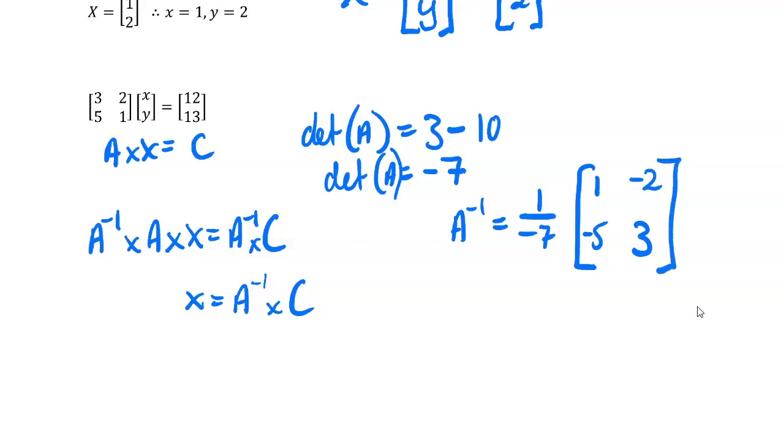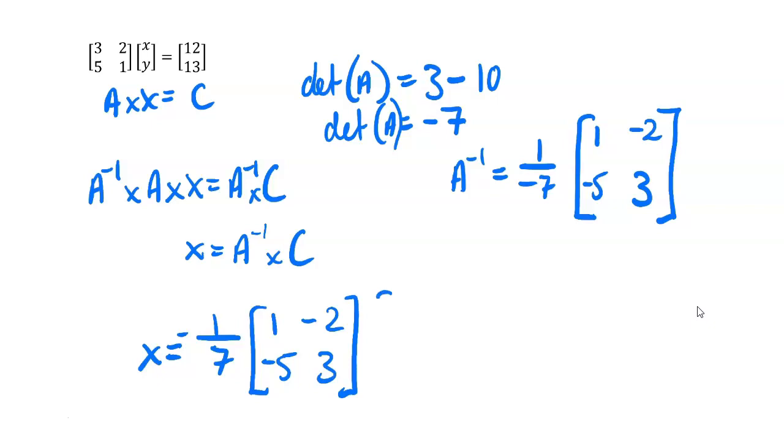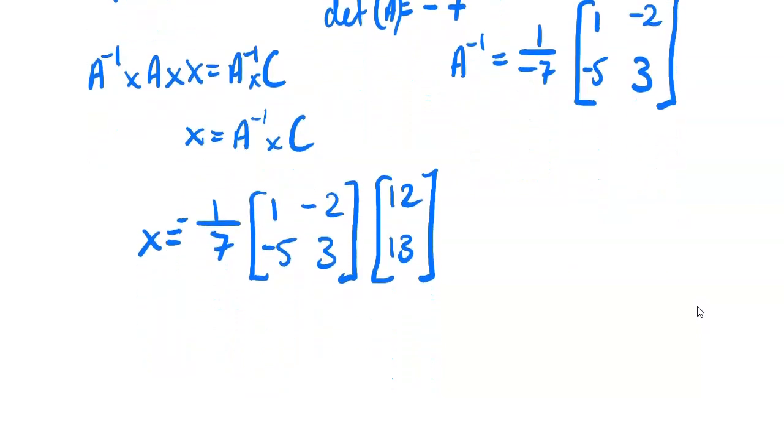Alrighty, so that means I've got X equals negative 1 on 7, 1, negative 2, negative 5, 3, times 12, 13. Now, of course, you can use your calculator to help you out here. If you had a CAS calculator, you could do this on there straight away.